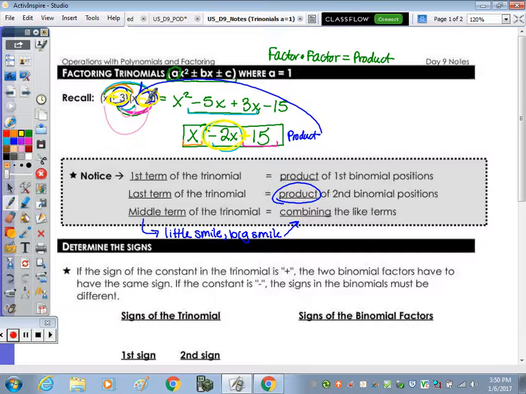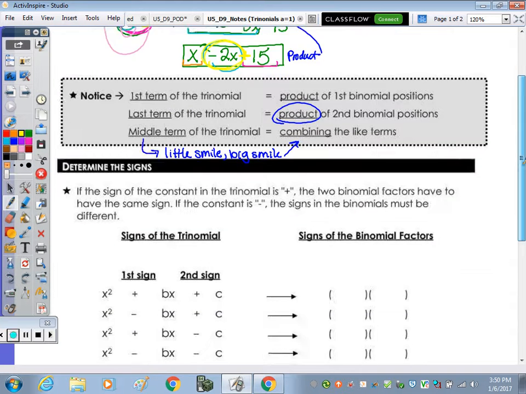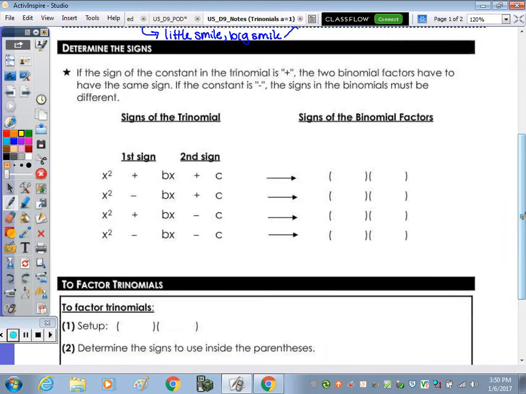But to fill in this table below, if the sign of the constant in the trinomial is positive, the signs have to be the same in your binomials. Okay?